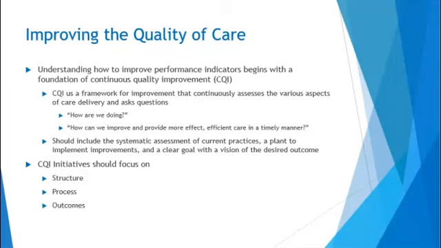There are three different things that CQI initiatives focus on: structure, process, and outcomes. Structure includes physical space and building, human resources such as the staff, and financial and technological resources. These are usually easily observed and measured. Process focuses on activities, tasks, and workflow that achieve specific results and outcomes.